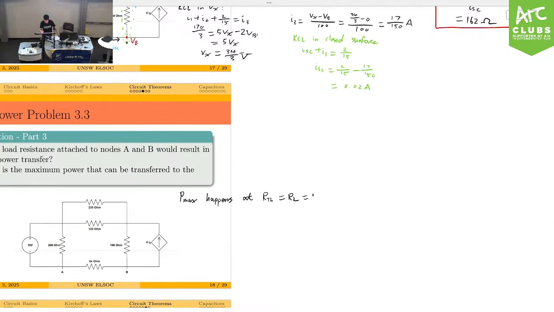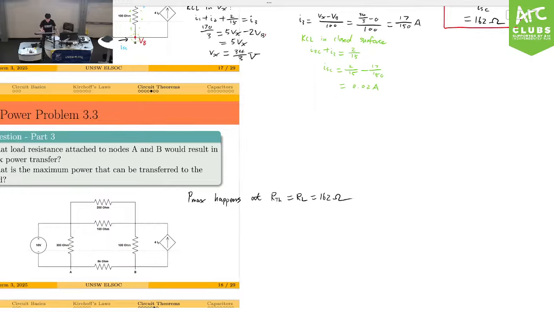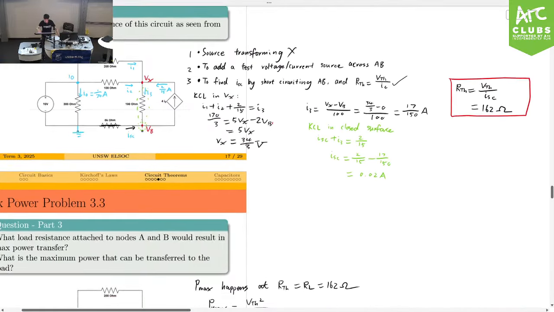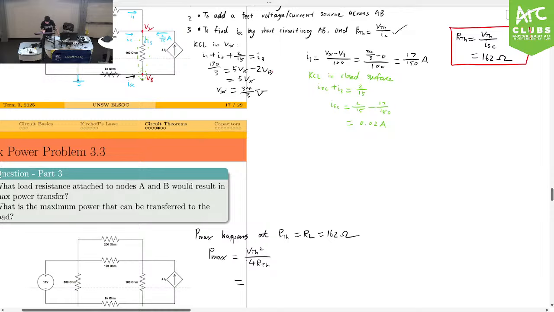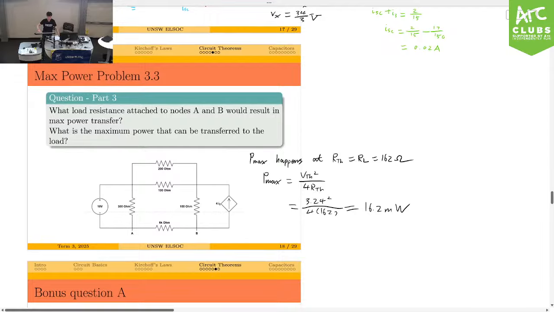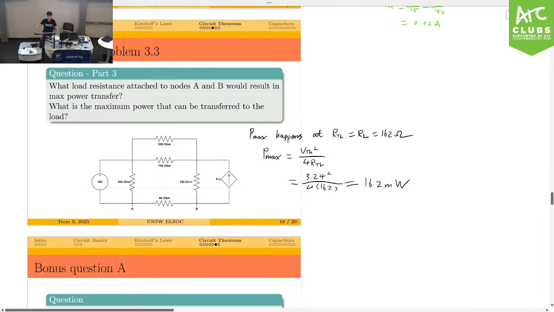And Pmax equals VTH squared on 4 RTH, also a formula we have proven previously. So VTH is 3.24 squared on 4 times 162. If you chuck it in the calculator, we should get 16.2 milliwatts. Again, this is probably going to be the easiest part of the exam, just plugging in the formula. Can we move on to the next question?